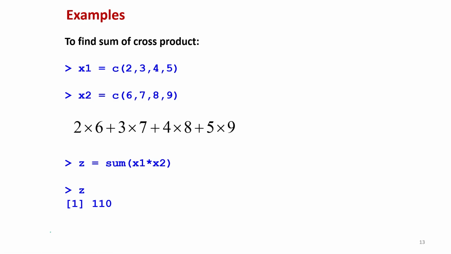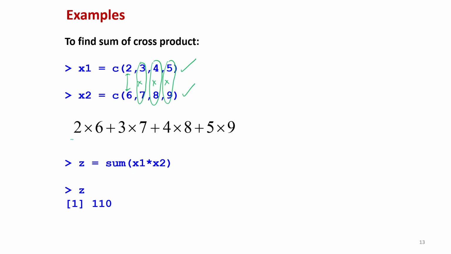Similarly, suppose you have two data vectors of the same length, and you want to find their products, and then the sum. So what do you want here? The elements at the respective places in the two data vectors, like 2, 6, 3, 7, 4, 8 and 5 and 9, should be multiplied with each other and then summed.